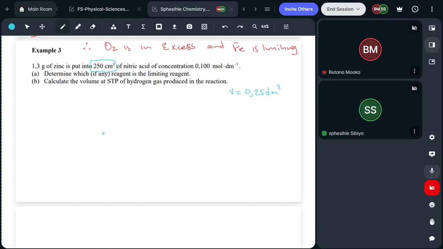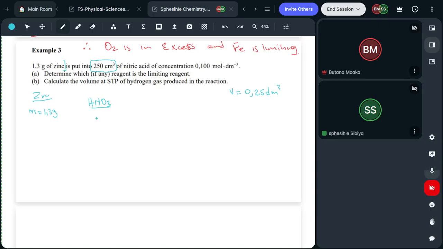Yes. Then I'm going to separate the given information. For zinc, that's Zn, what are you given? The mass, which is 1.3 grams. And then it is put inside of nitric acid, HNO3.